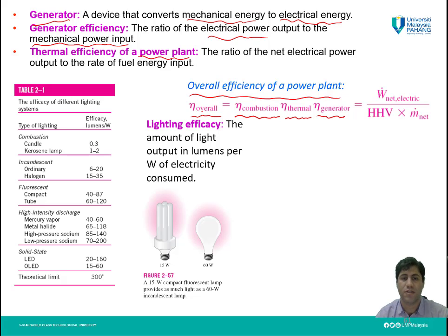So we call this the overall efficiency of a power plant. And you already know about combustion, thermal, and generator efficiency.